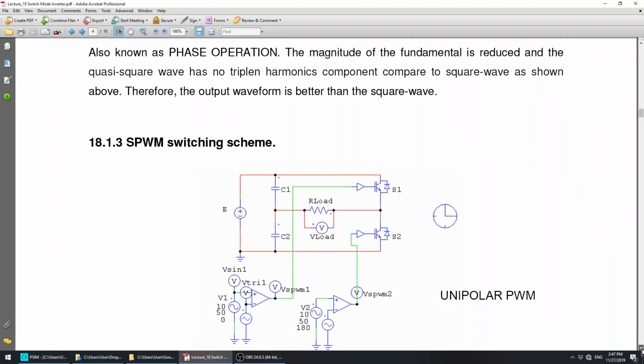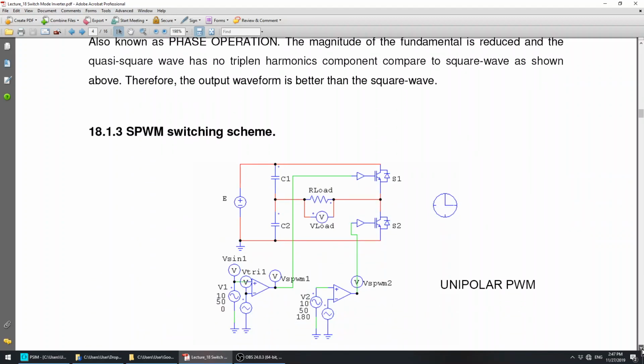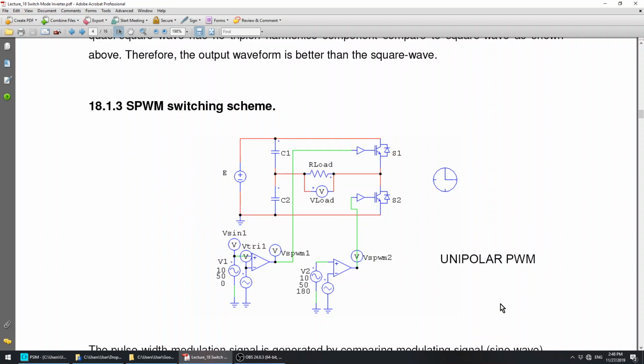And then we proceed with the SPWM switching scheme, whereby the first technique is by using the unipolar PWM. For unipolar PWM, we must have two comparators, whereby you compare the sinusoidal modulating signal with a triangular carrier signal.